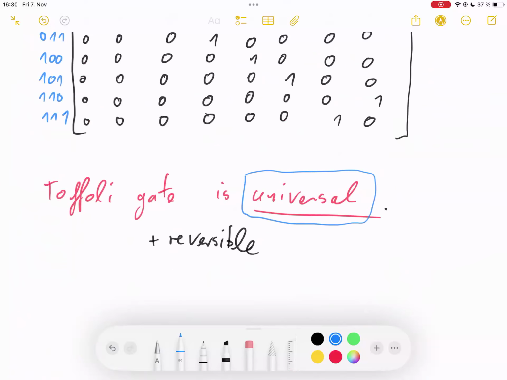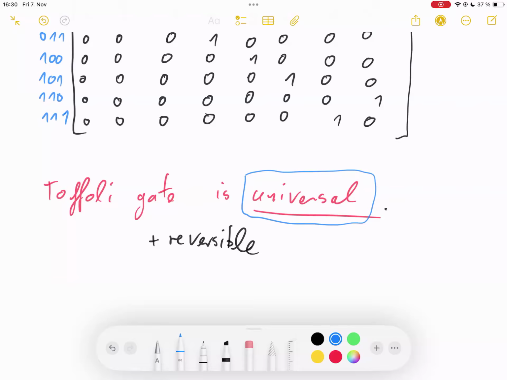I can use it for quantum states, but from a quantum perspective, it's not universal because I need something else, for example, to create superpositions, like we will see such gates or other gates. So the Toffoli gate is a very important gate in a quantum computer, but from a quantum perspective, it's not universal, only universal from a binary perspective. But it is definitely reversible, and we will need reversible computing in quantum computing.